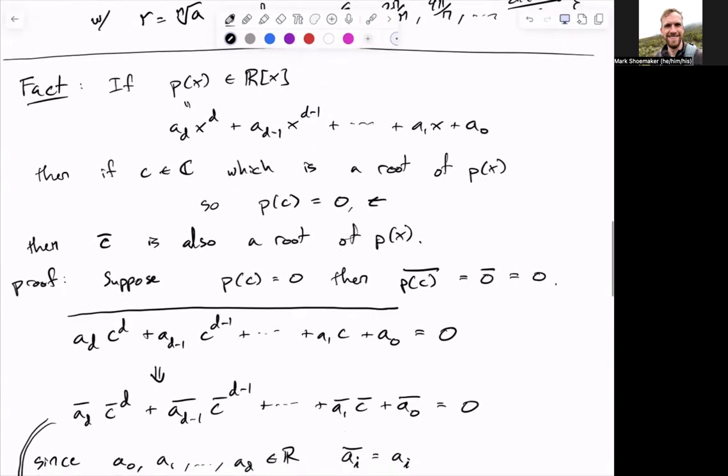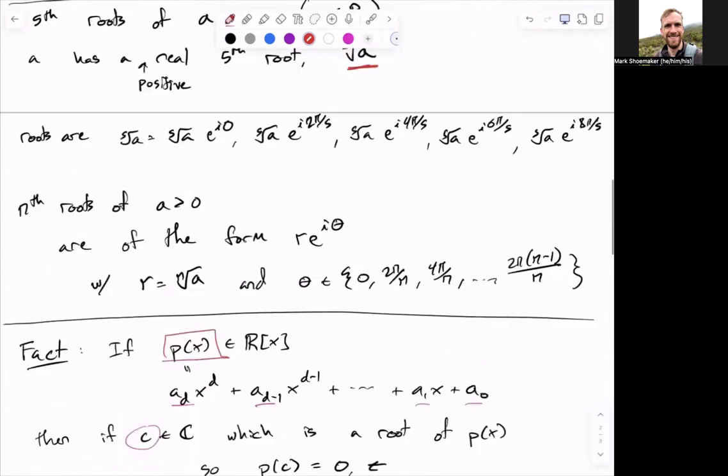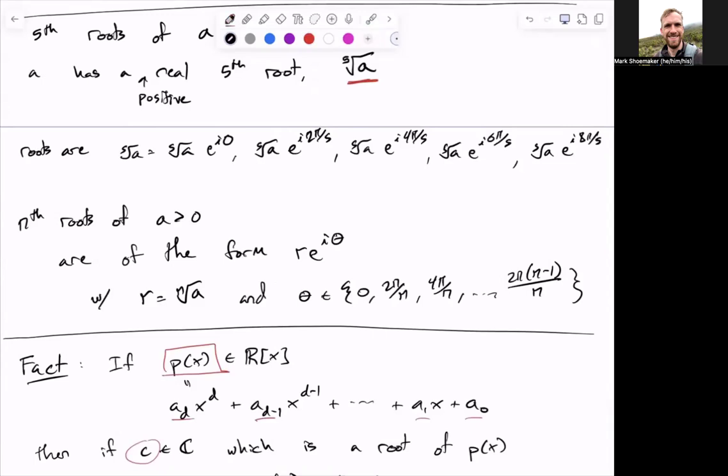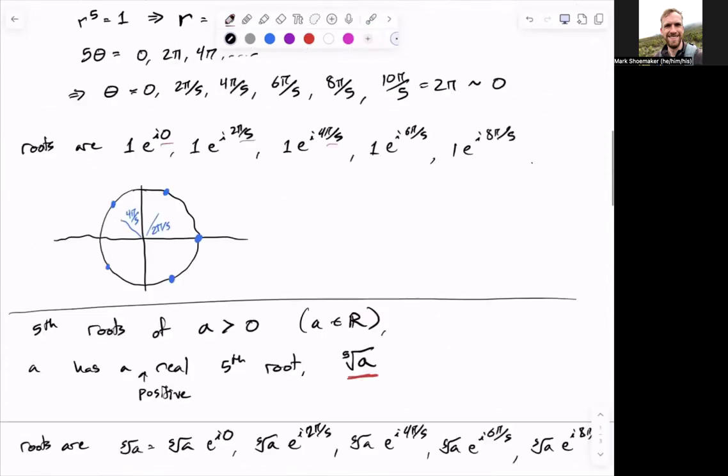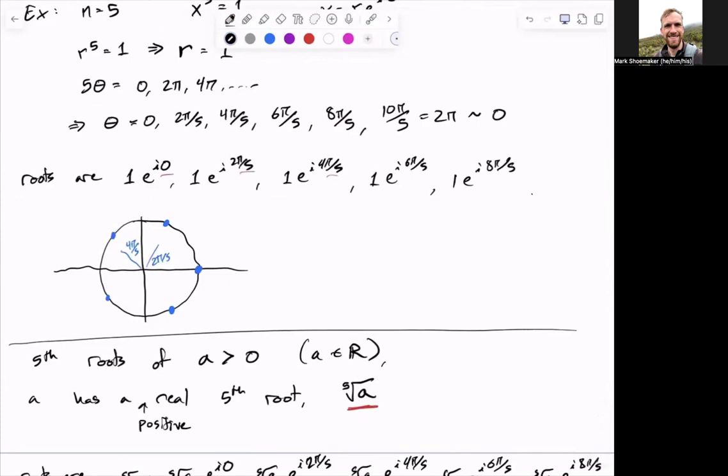Let me state the result again. If I have a polynomial whose coefficients are all real numbers, then whenever I have a complex root, its conjugate must also be a root. Okay. So as an example, if I'm looking at the nth roots of a, let's just look at the roots of unity here. x to the 5th minus 1 is a polynomial whose coefficients are real. The coefficients are 1 and minus 1.